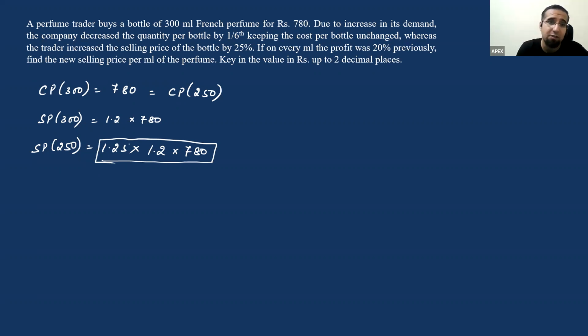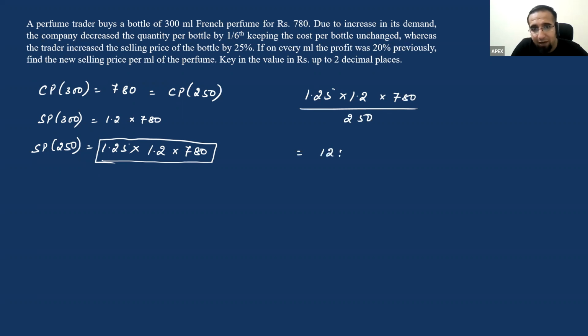And now the question is asking us to find the selling price per ml up to 2 decimal points. So therefore, our required answer is 1.25 into 1.2 into 780 divided by 250. If you want to simplify, you need not use a calculator. This is 125 into 12 into 780 divided by 250 into 100.